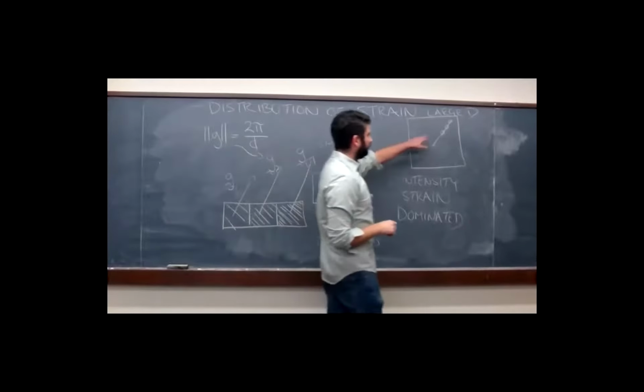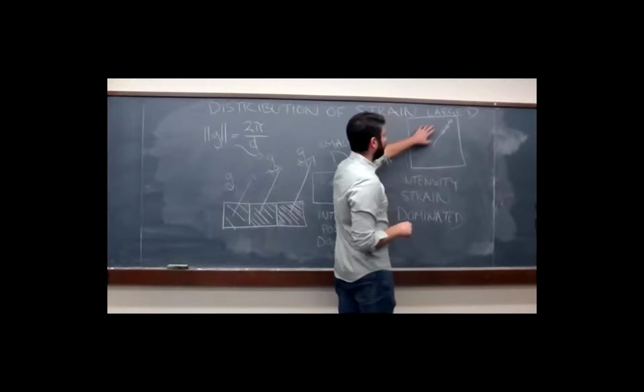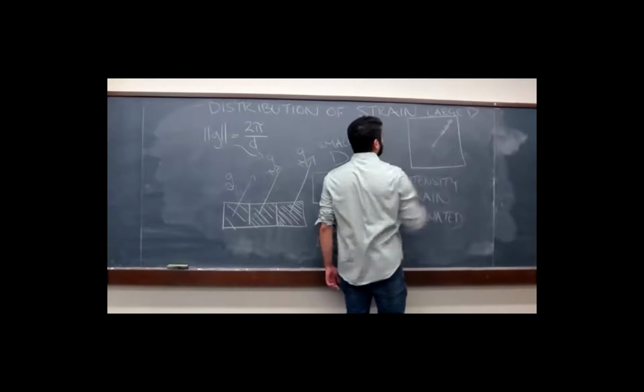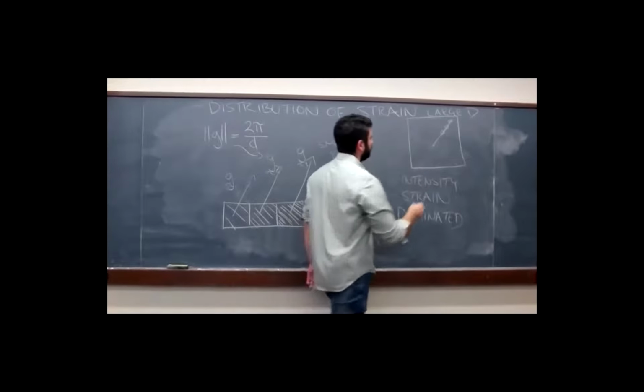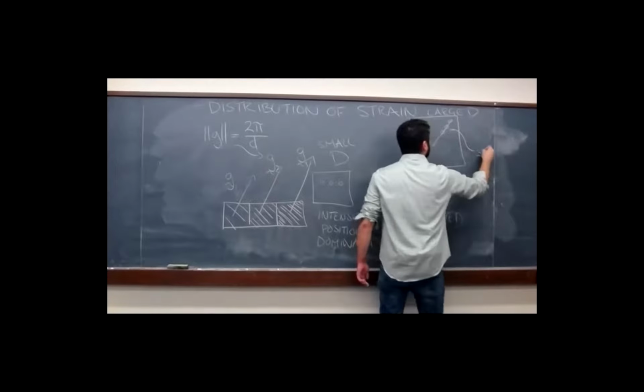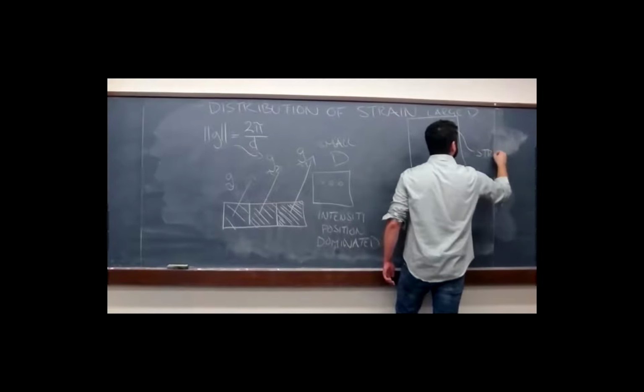So in the large distance case, the far field, the diffracted intensity from the 3 points is spread out radially, and this is known as one form of strain broadening.